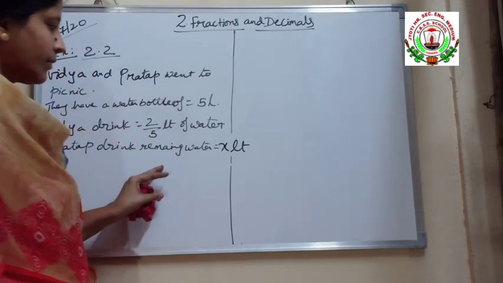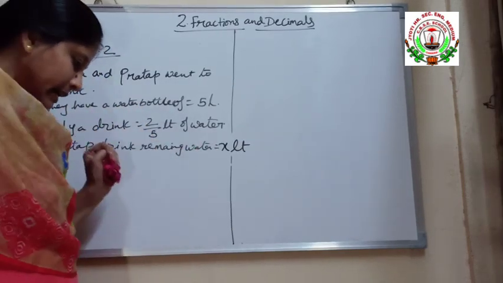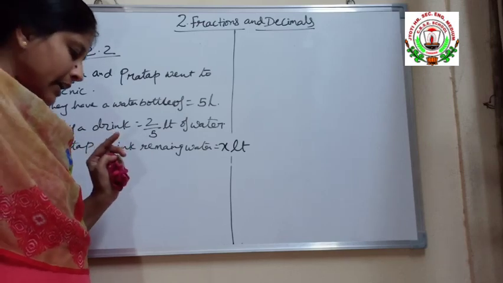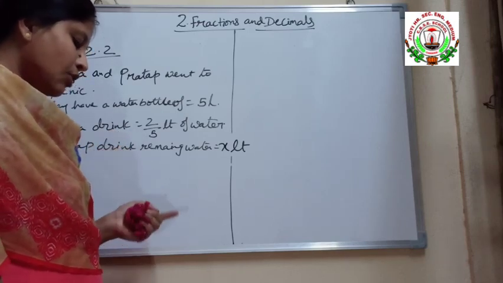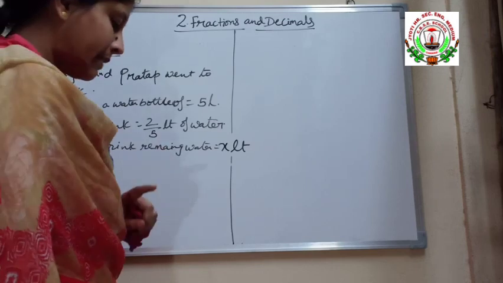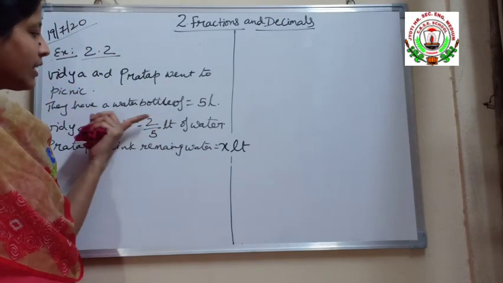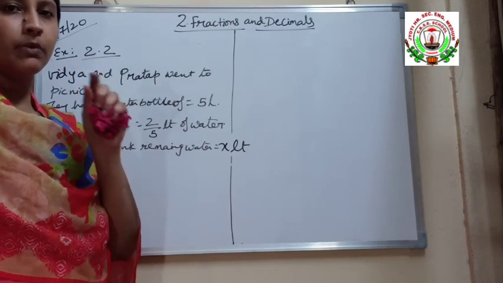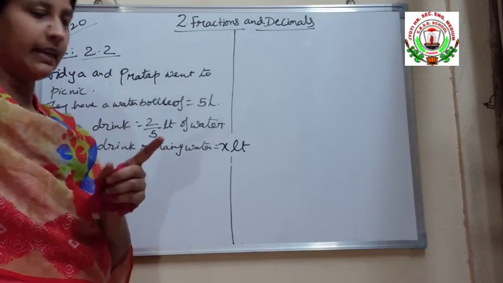Now they are asking how much water Vidya drank. And in the second part, they have asked what total of water Pratap drank. They have given a fraction, but they want how many liters of water Vidya has taken.